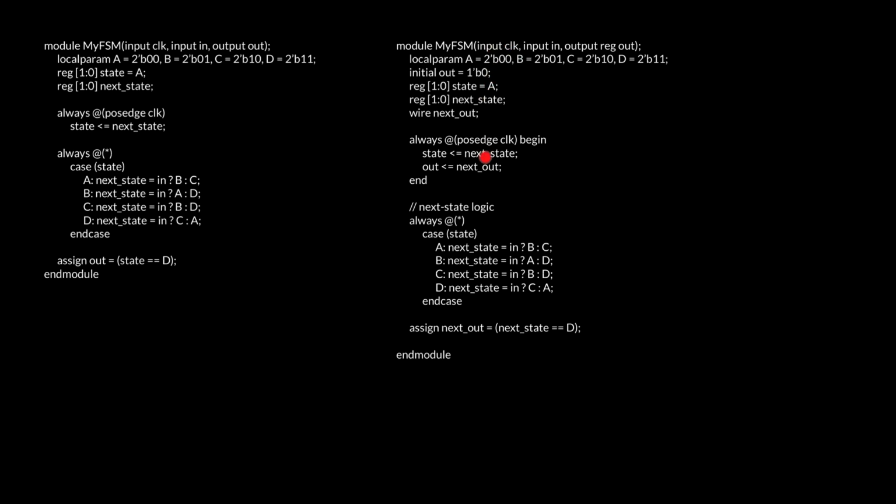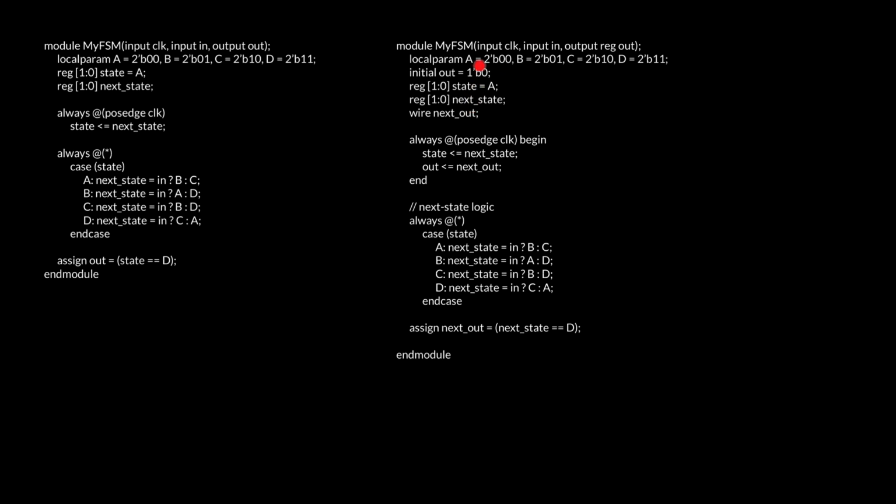If you were to draw this state diagram, you'd still only have 4 states. Yes, you're using more bits to store the state because the state's now both out and state, so it's going to be 3 bits. But not all combinations are possible. Indeed, the next out, and therefore out, is fully determined by state. Next out's fully determined by next state, so we haven't actually added any more states. We've just changed the state representation.